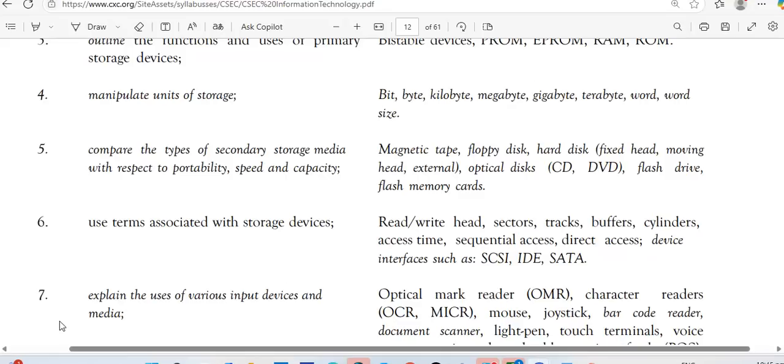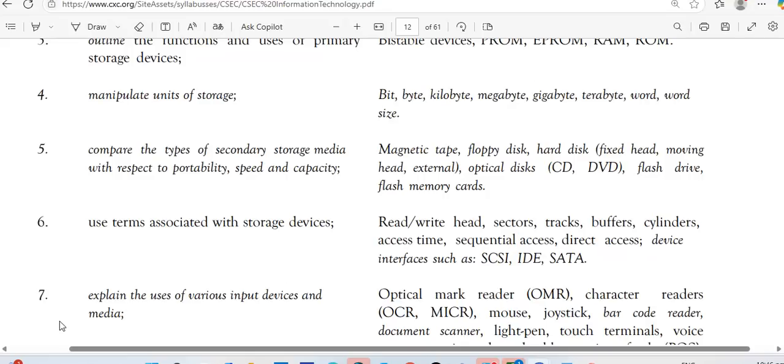The magnetic tape, the floppy disk, the flash drive, and the flash memory cards are different types of secondary storage media. So we're going to compare them in terms of portability, speed, and capacity. Now, if you're wondering what portability means, we know what speed means and we know what capacity means.